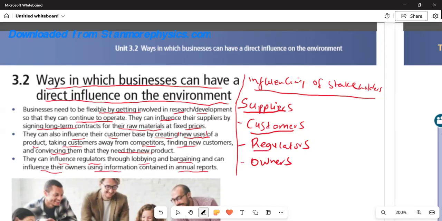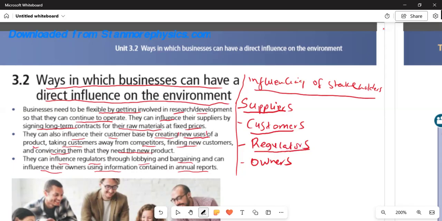Now coming to regulators, a practical example. Remember you said this is done through lobbying and bargaining. So an example is a telecom firm looking for a spectrum allocation that supports 5G rollout.